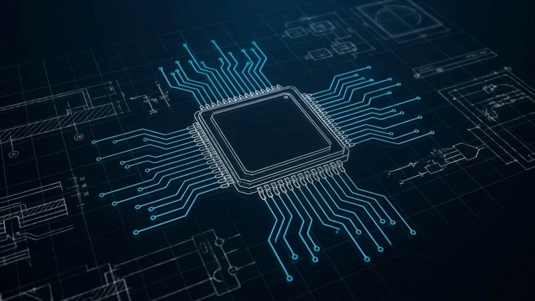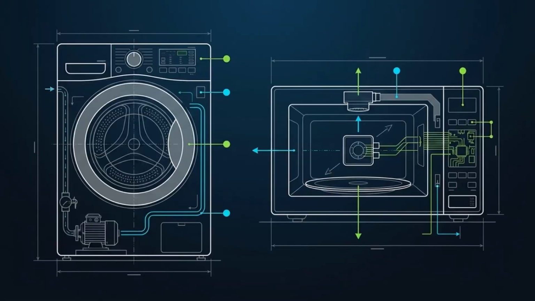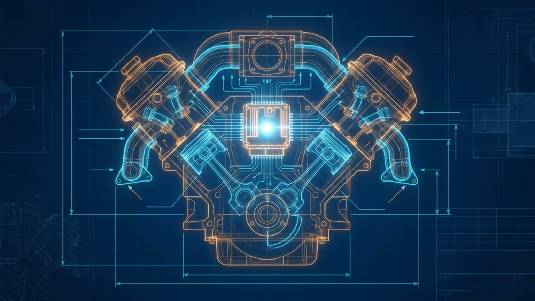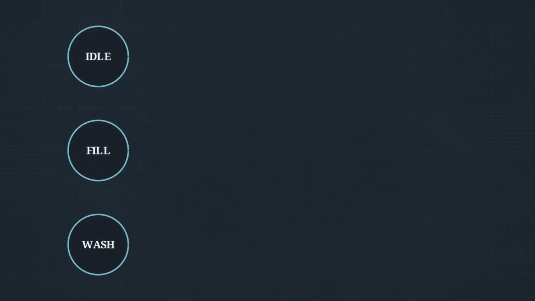On the opposite end of the computing spectrum is software designed for minimal processing power, embedded software. This code runs inside hardware like washing machines, microwaves, and car engines, often operating on kilobytes of memory. Embedded software operates on a state space architecture. The machine exists in one specific state at a time. It only transitions to the next state when exact sensor conditions are met.